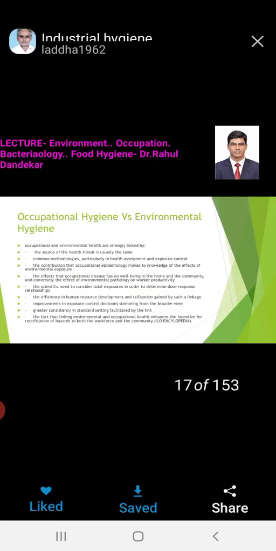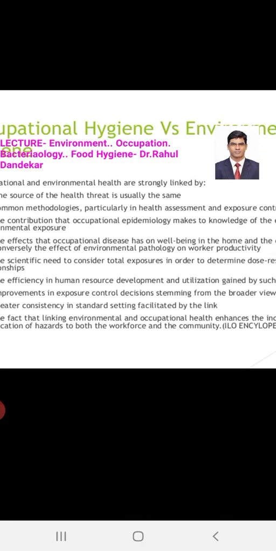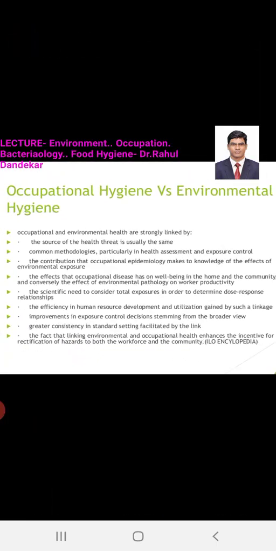Occupational hygiene versus environmental hygiene. See this important thing. Occupational and environmental health are strongly linked because the source of the health threat is usually the same. They share common methodologies, particularly in health assessment and exposure control.